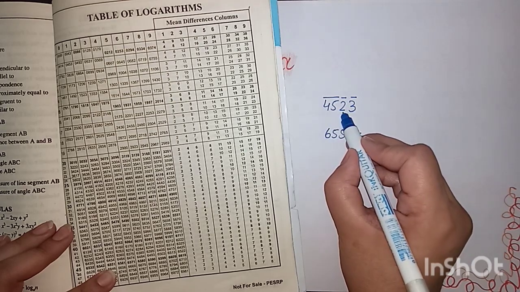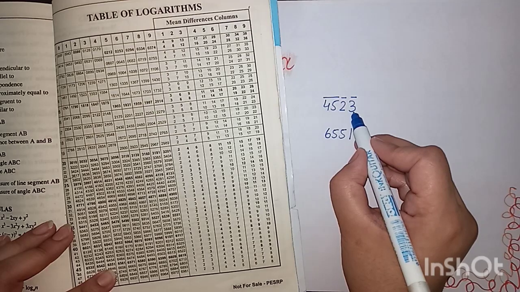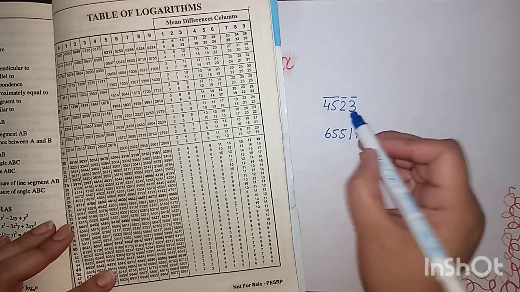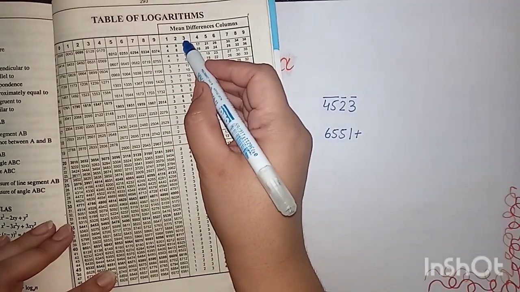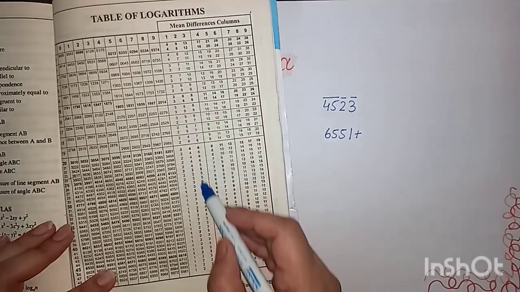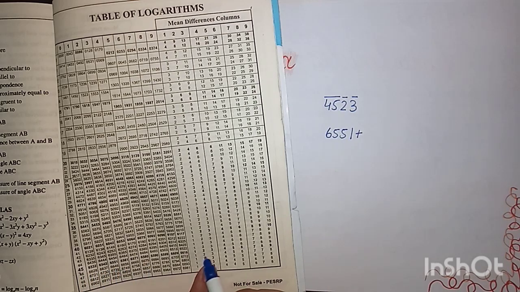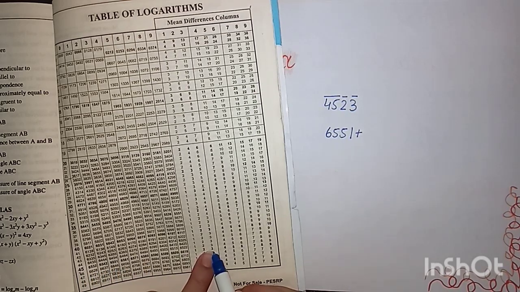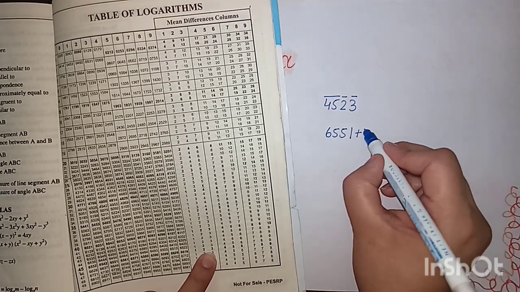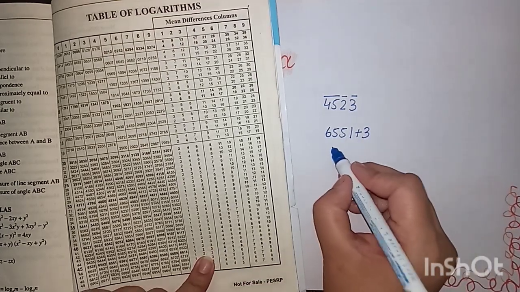Then I will write a plus sign. Same as before, 45 is checked in column 2, and after 2 we will check it in column 3, in the mean difference column. This is 3 in the mean difference column, and this is 45. So 45 leads to 3 in the third column. Here is 3 again, so I will write 3.